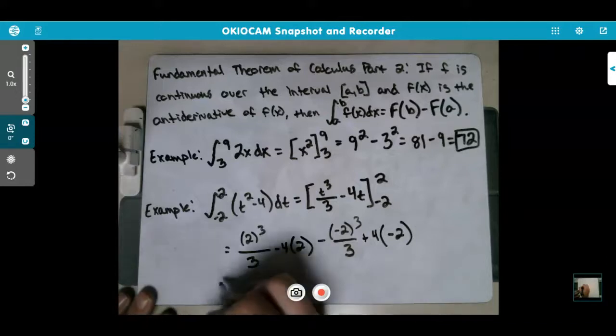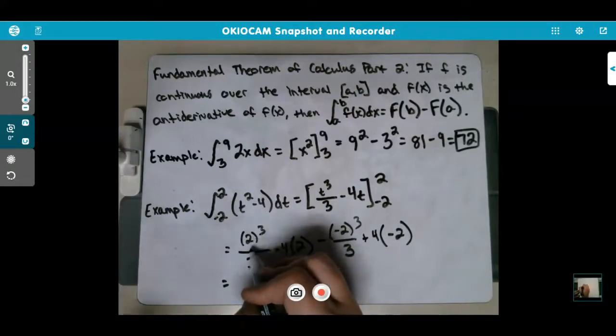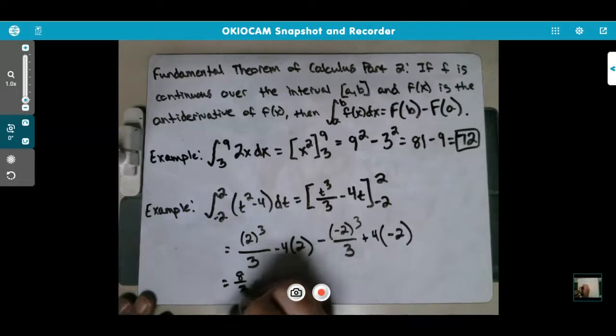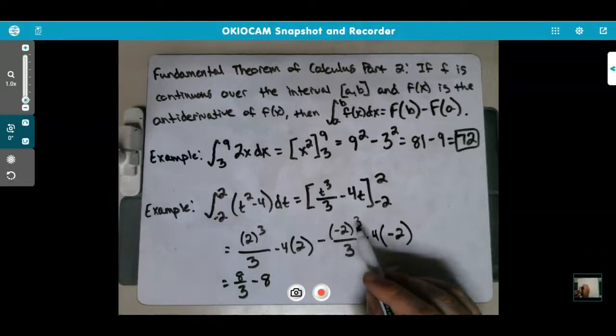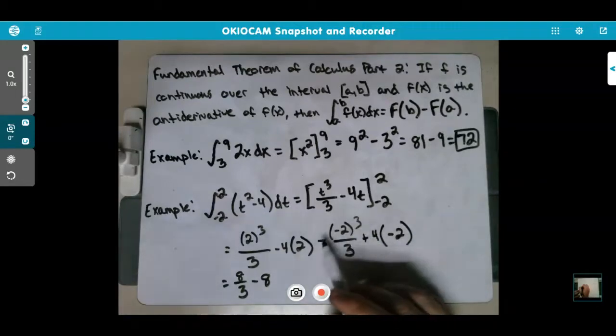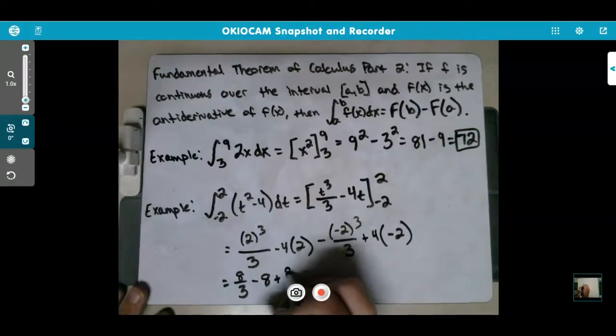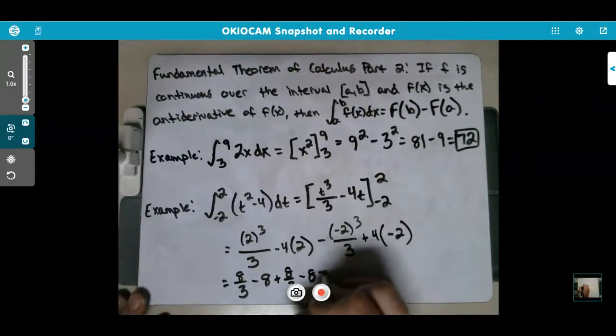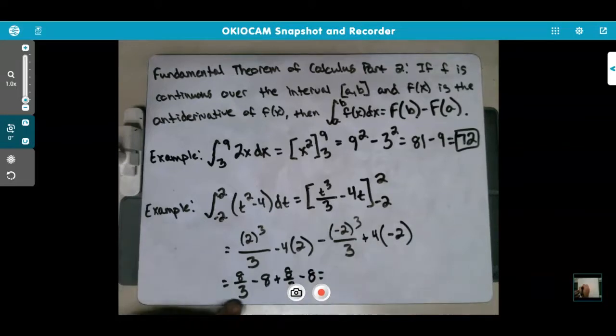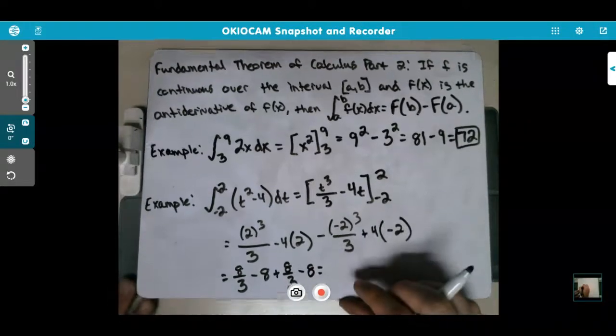Let's work this out. 2 to the third is 8, so that's 8 thirds. Negative 4 times 2 is negative 8. Negative 2 cubed is negative 8, but I am subtracting that, so that's going to make it positive 8 thirds. 4 times the negative 2 is negative 8. 8 thirds plus 8 thirds is equal to 16 thirds.